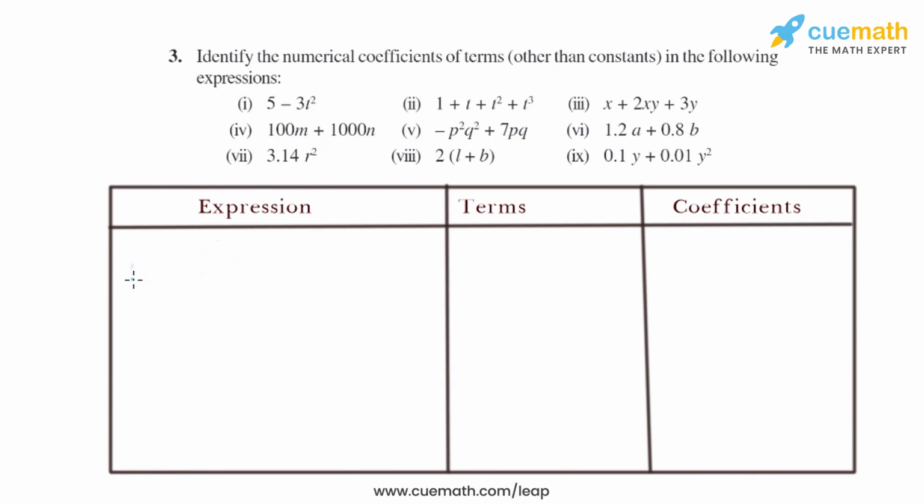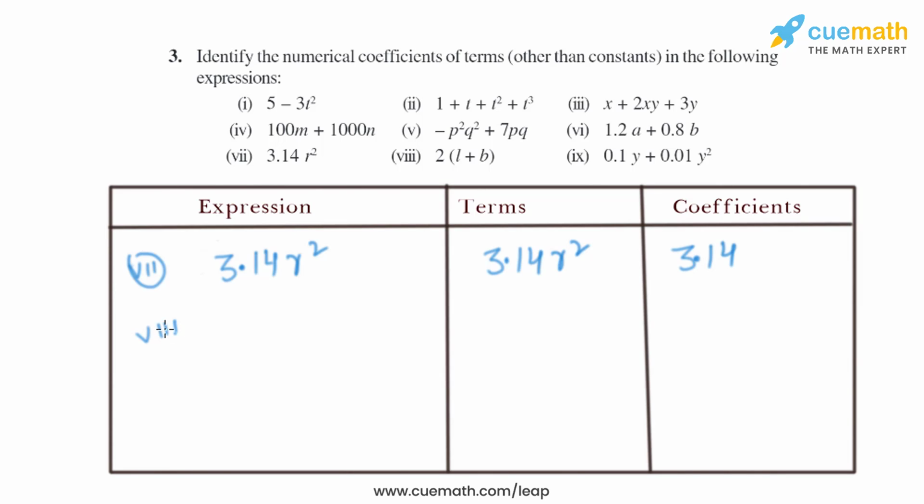Now let's move on to the seventh part. In the seventh part, the expression that is given is 3.14 r square. So the term is basically the same, 3.14 r square. As r is a variable and 3.14 is a constant by which we are multiplying, 3.14 will be the coefficient of that. Let's move on to the eighth part.